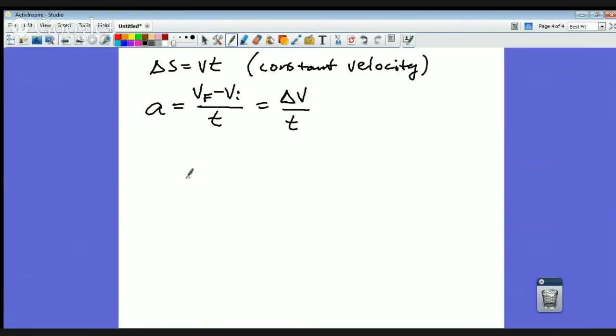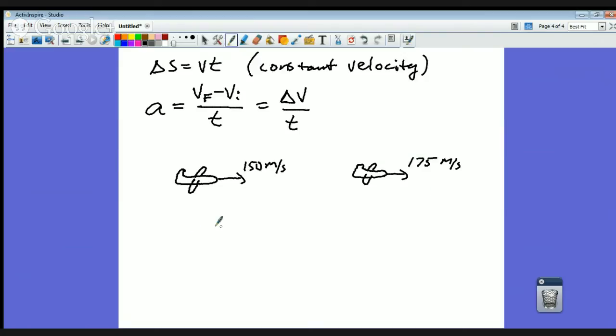So if an airplane starts out going at a speed of, let's say, 150 meters per second, going this way, and it speeds up, and let's say that 10 seconds later, it's moving at 175 meters per second.